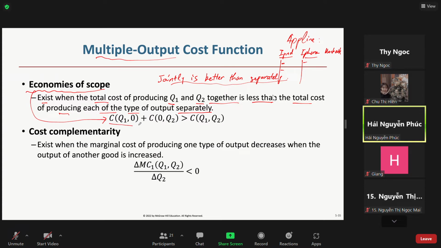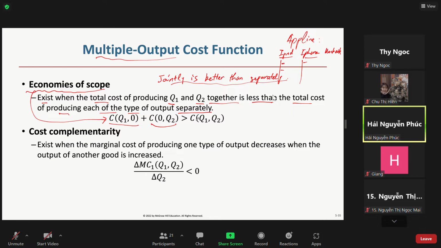Here is C(Q1, 0). It is the cost of producing solely good 1. We produce no quantity of good 2. We produce good 1 only. C(0, Q2) is the total cost of producing solely good 2. We produce no quantity of good 1.